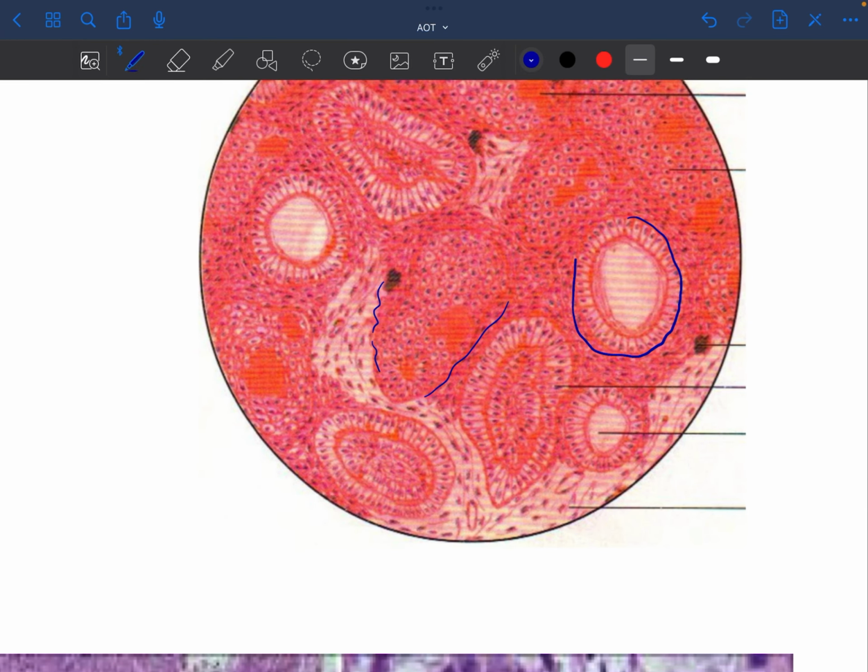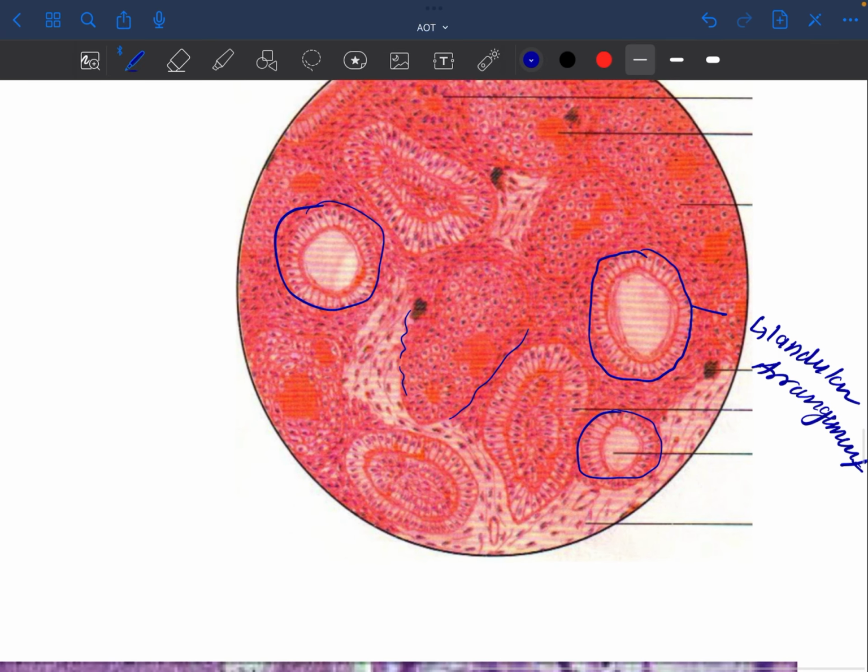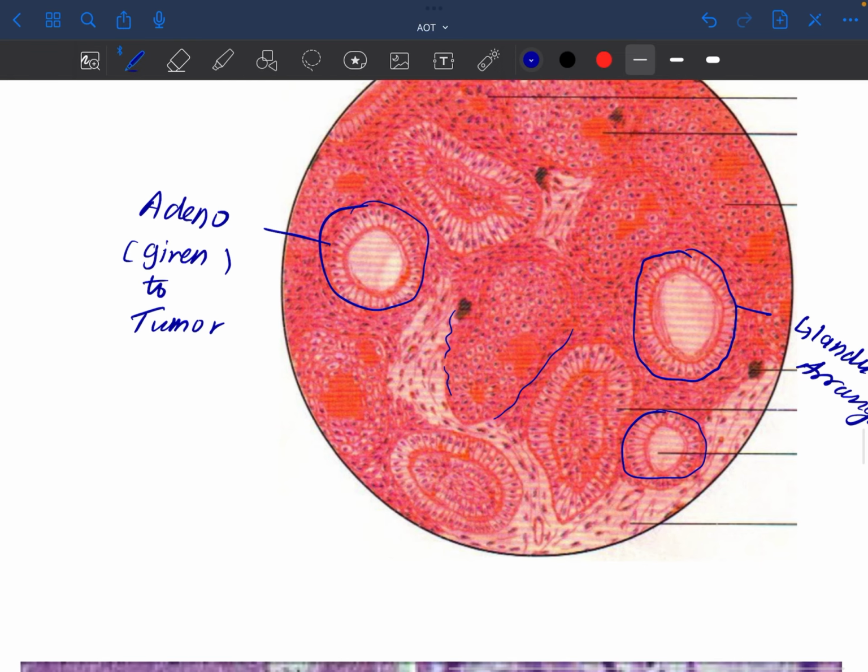This typical appearance is the differentiator for AOT. When I discuss the histology of glands, you will be able to tell this is how they appear histologically. This is a glandular appearance, and because of that the name adeno was given to the tumor. It's because of this particular feature only.